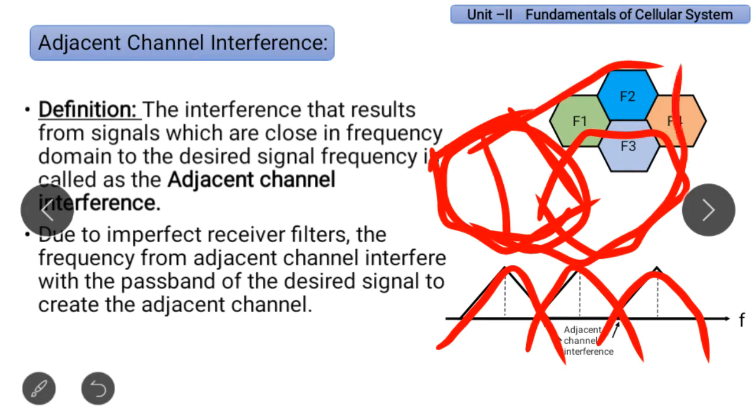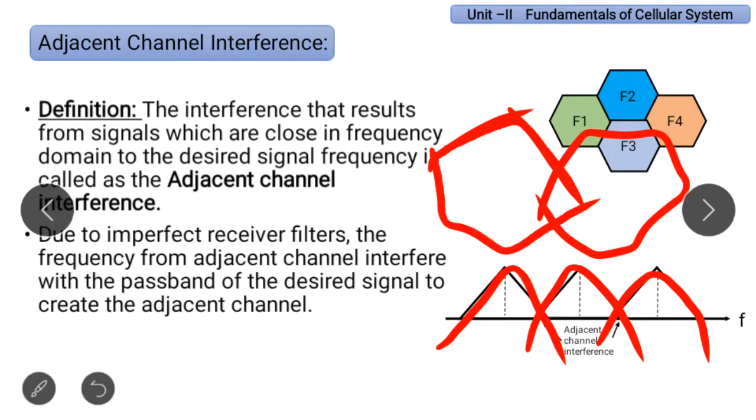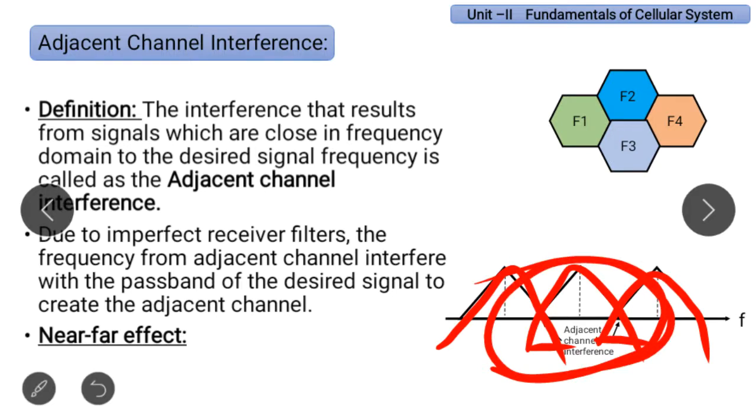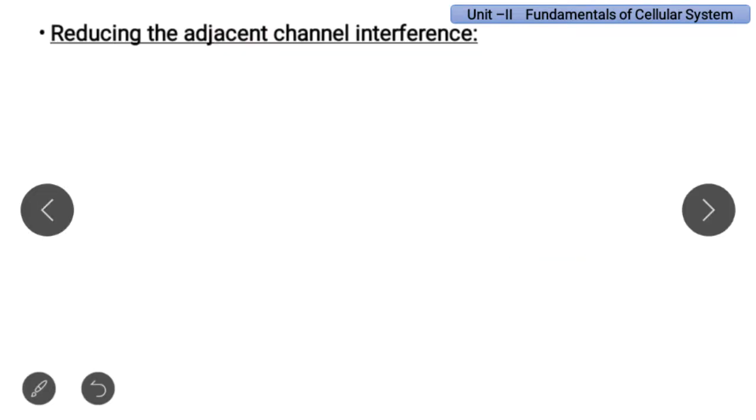So overlap occurs everywhere, and here the adjacent channel interference occurs. To reduce that, what do we have to do? We will see in the next slide. Here this is called the near far effect.